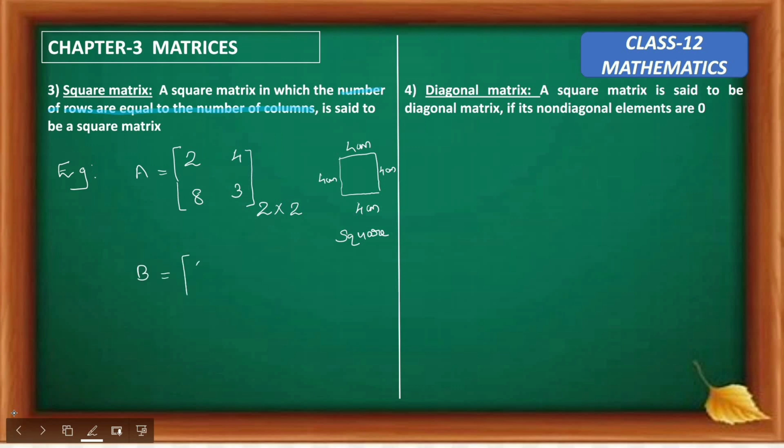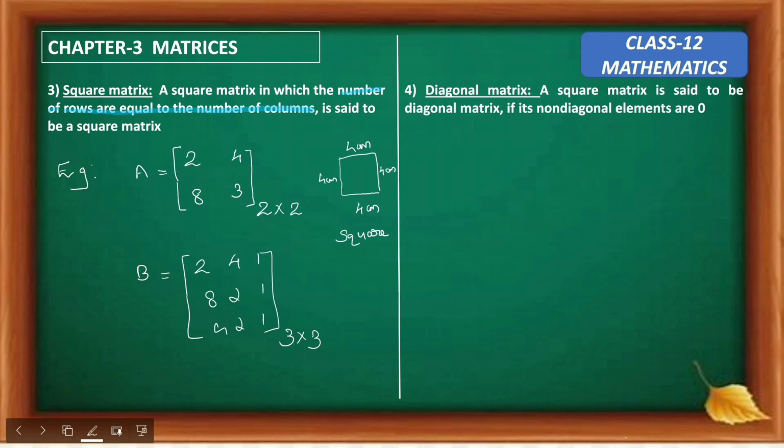Again, one more example. In here, number of rows 1, 2, 3 by number of columns, that also 1, 2, 3. 3 by 3, isn't it? Then this is also an example of a square matrix. Square matrix means the number of columns and rows are equal.